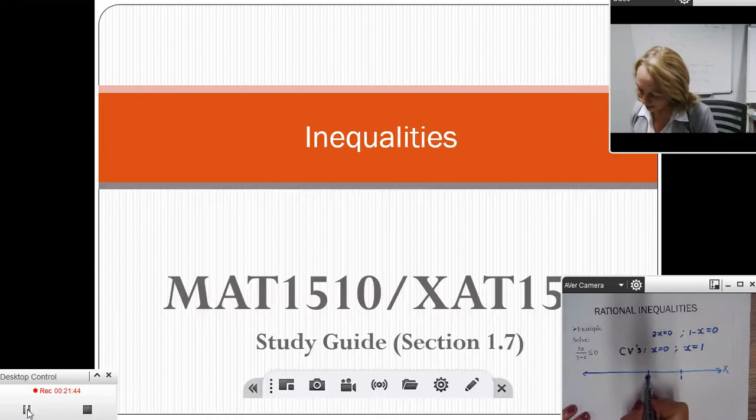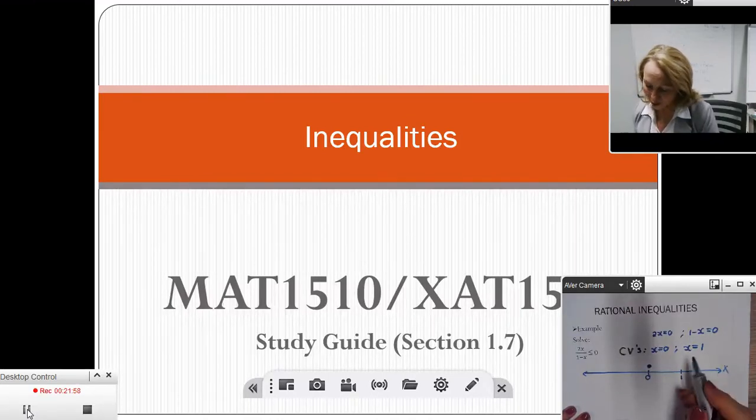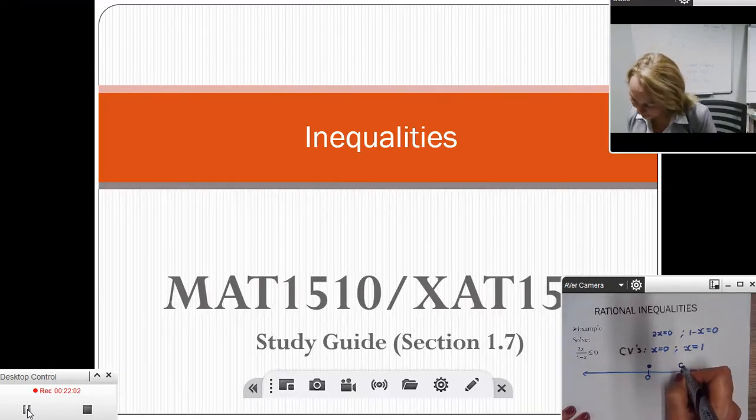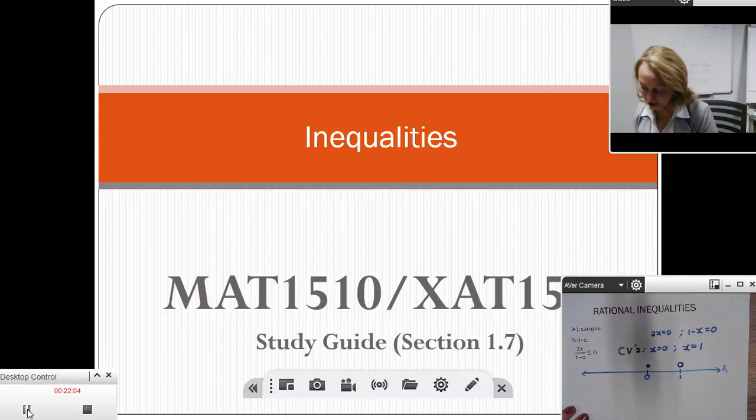So x equals 0 is a critical value and x equals 1 is a critical value. We know that when x equals 0, my rational expression is equal to 0, so I can safely colour in the dot above it. And when x is equal to 1, the rational expression is undefined, so we leave it as an open circle because we know that division by 0 is meaningless.